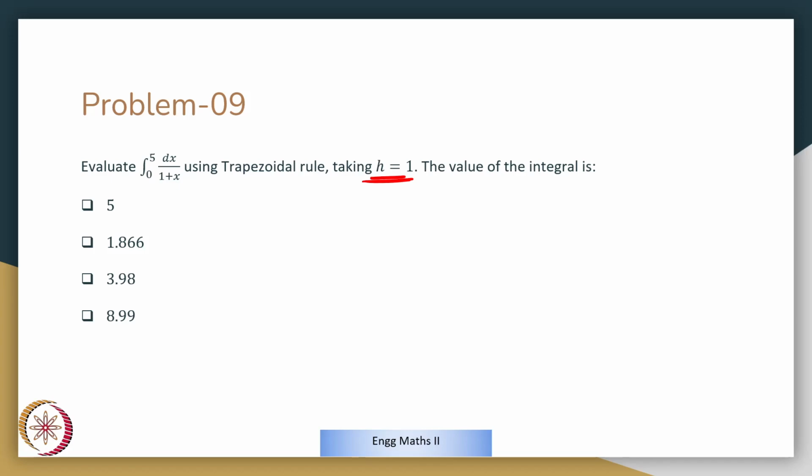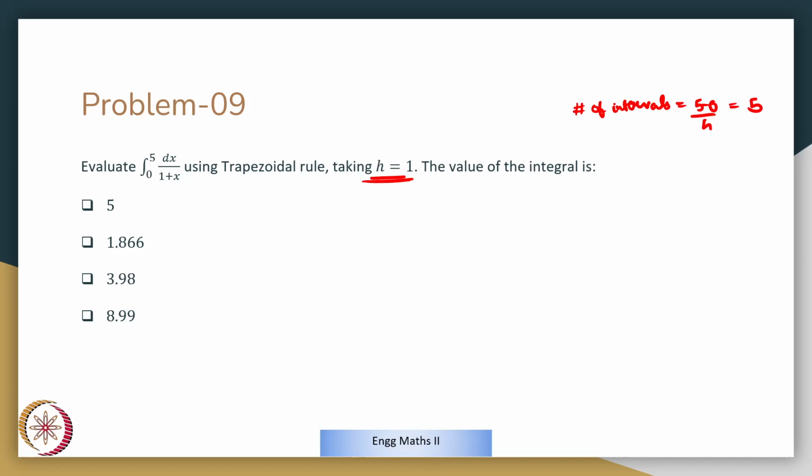So we have been given an interval size. So notice that since h equals 1, the number of intervals is nothing but 5 minus 0 by h, which is 5 by 1, which is 5.